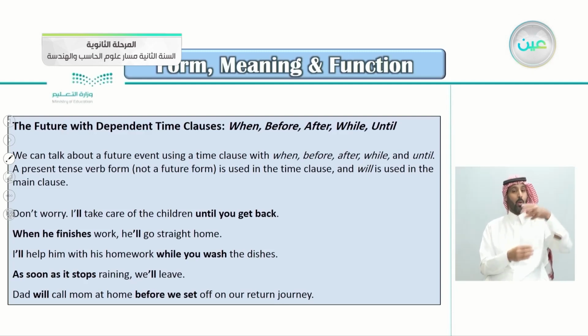Let's see some examples here. Don't worry, I'll take care of the children until you get back. So until you get back, this is the time clause. We used here a present tense verb form.